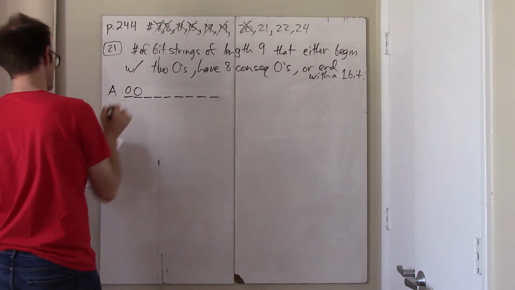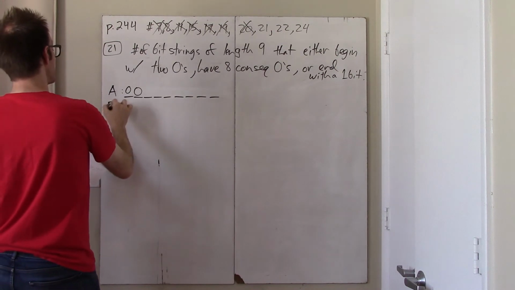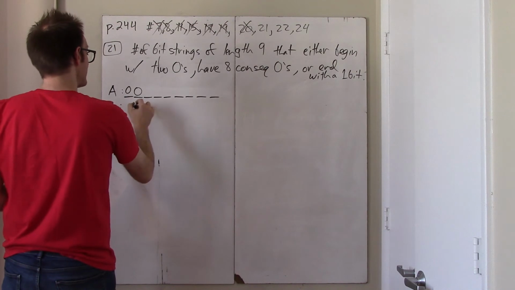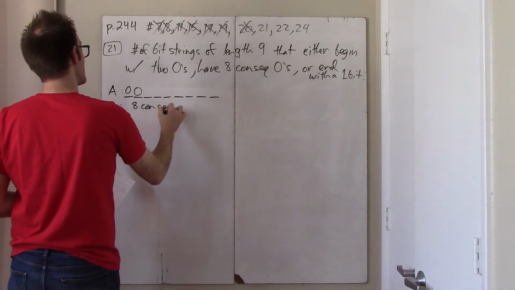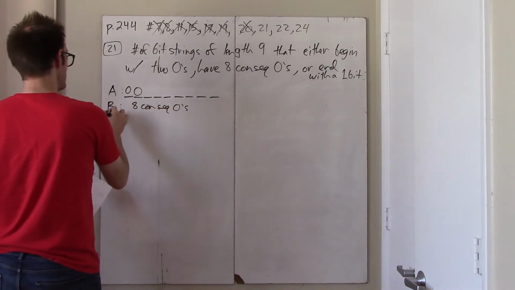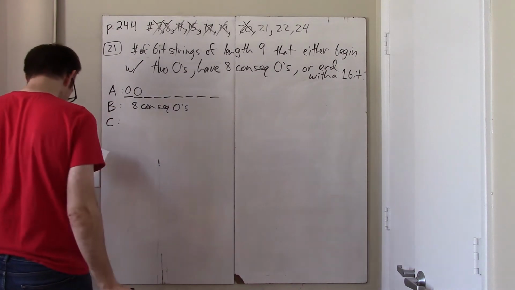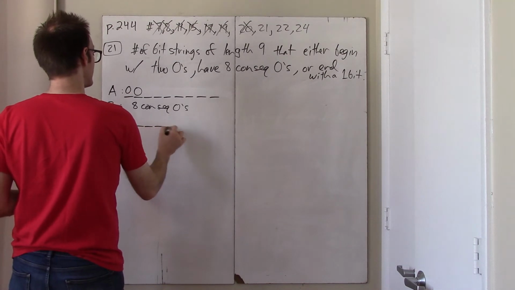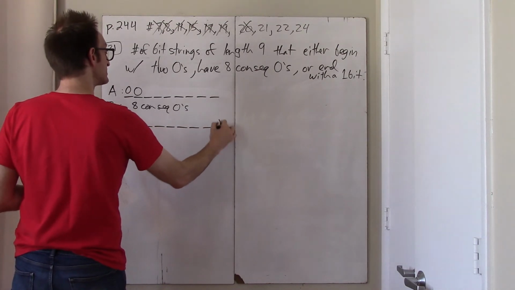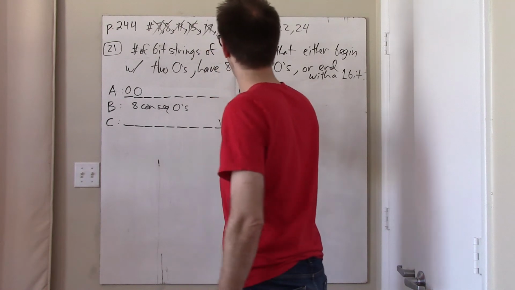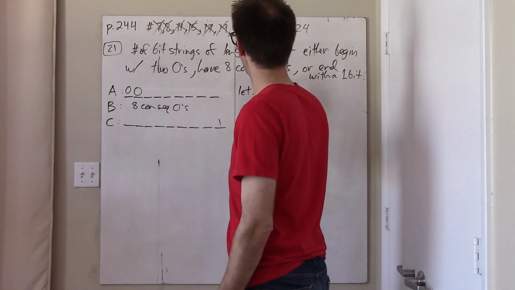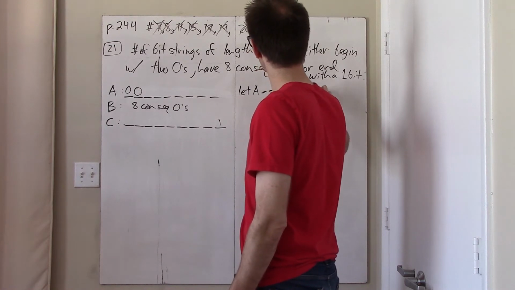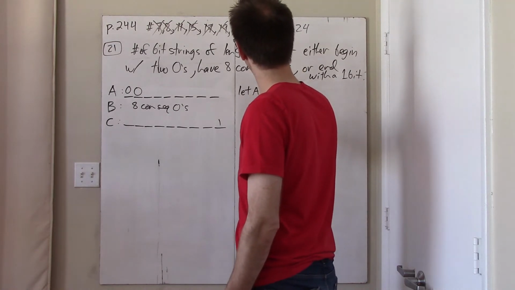It starts with 2 zeros. What's B? B is that there are 8 consecutive zeros. I don't even know how to write that, so I'm just going to write that 8 consecutive zeros are in there somewhere. And property C is that it ends in a 1.